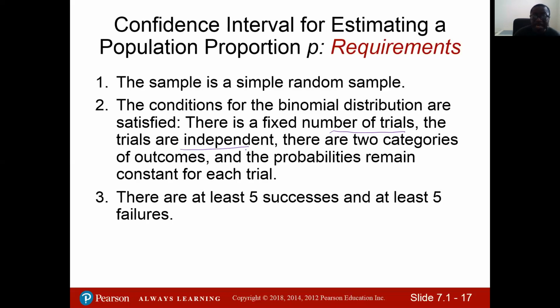And then we also want to stress that to use this procedure, we should have at least 5 successes and at least 5 failures. Okay, so if it doesn't satisfy all these 3 requirements, then we can't use the formula that we are talking about to estimate the population proportion.